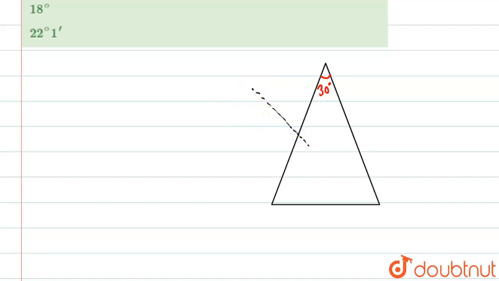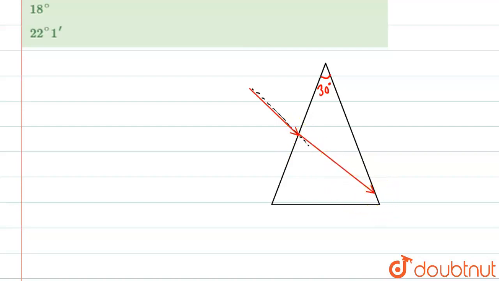So if we draw the ray of light on the first surface, it will come just like this, normal to the surface. The ray will go straight in the same direction.